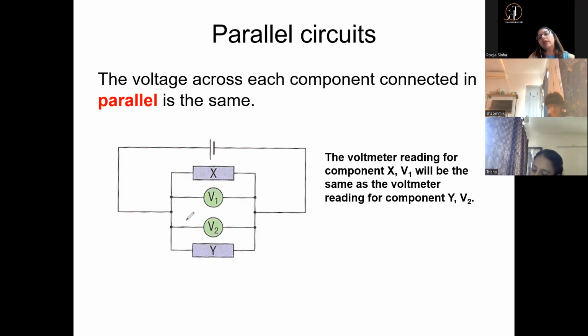Each of them will get the same voltage. So the problem of dimming, the brightness problem, खत्म हो जाती है in a parallel circuit. Have you understood this? That problem is over. So what is an advantage of a parallel circuit? That each component gets the same voltage. Clear?